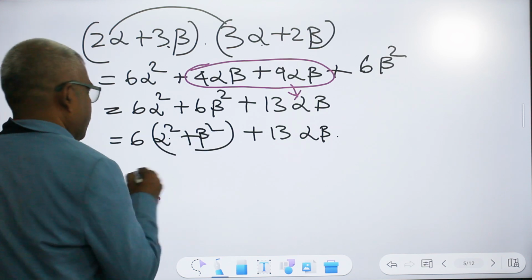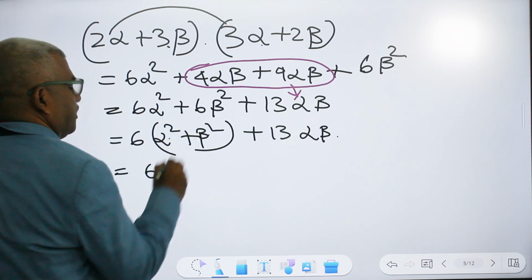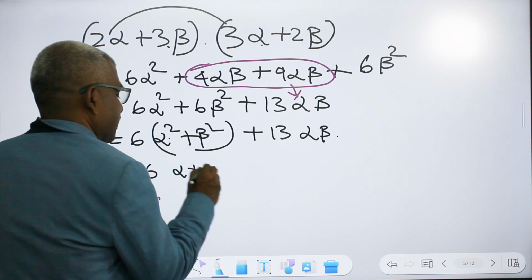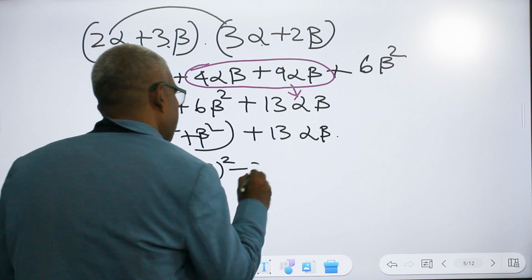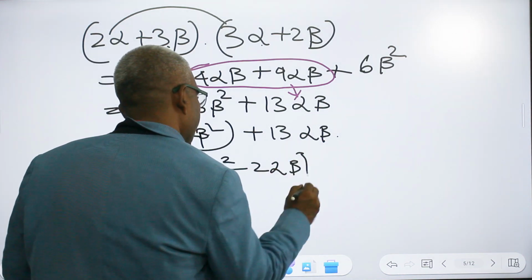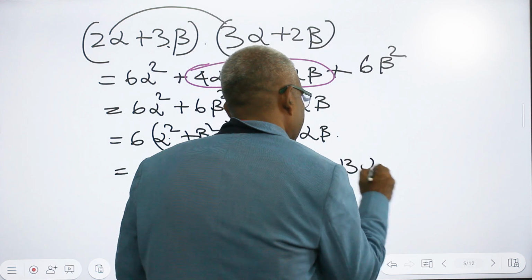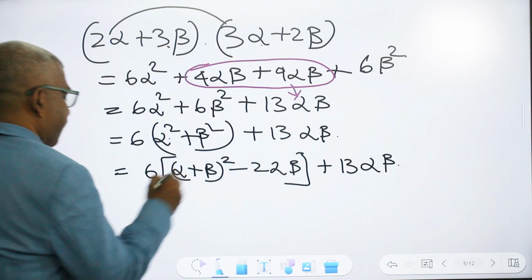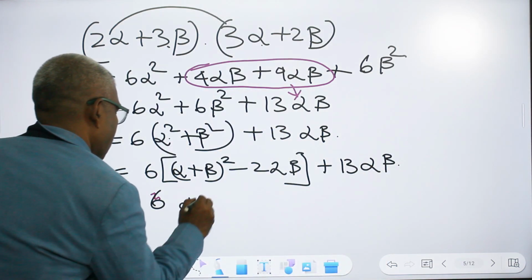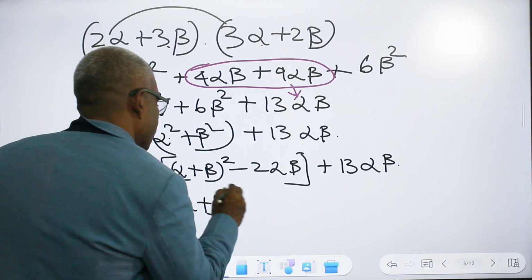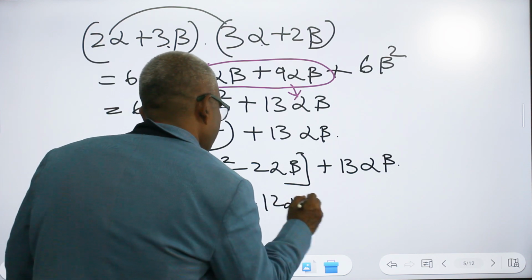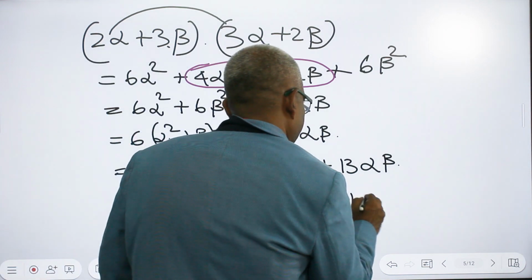Alpha squared plus beta squared is like a squared plus b squared, which means a plus b whole squared minus 2ab. So it becomes 6 times alpha plus beta whole squared minus 12 alpha beta plus 13 alpha beta.